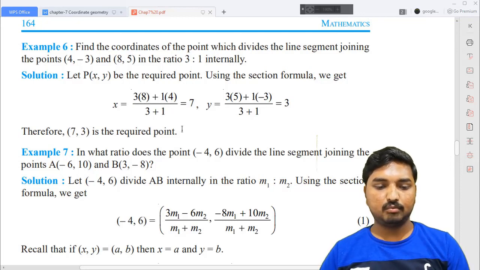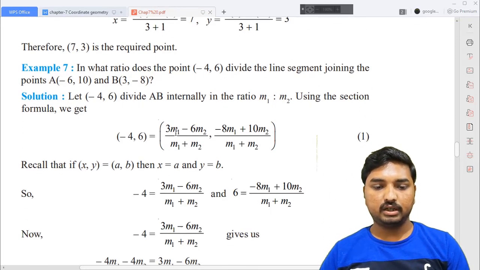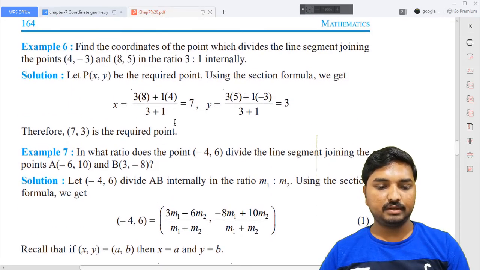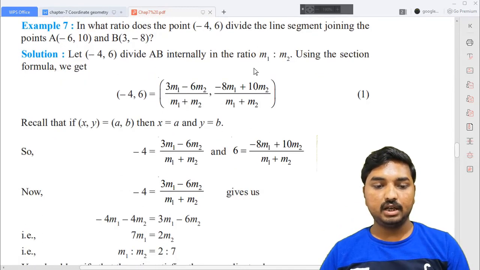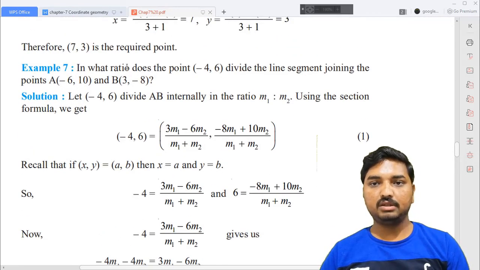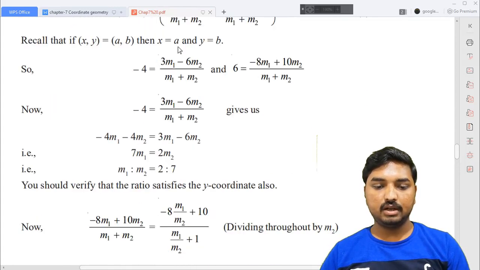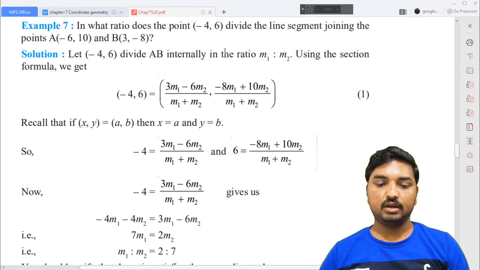But there are some problems which are different when compared to the previous one. Now look here, in what ratio does the point minus 4 comma 6 divide the line joining the points A and B. Here a ratio is asked for you, means m1 is to m2 is asked for you. You need to find out m1, m2. In this situation I'm going to use the k is to 1 formula.